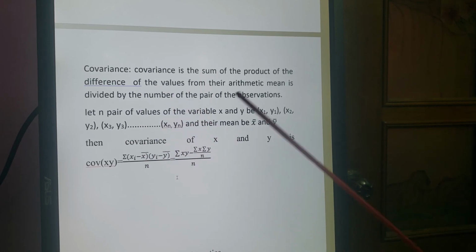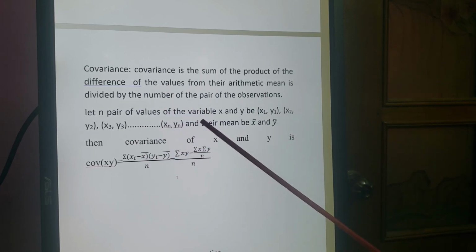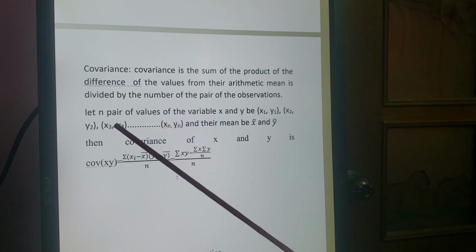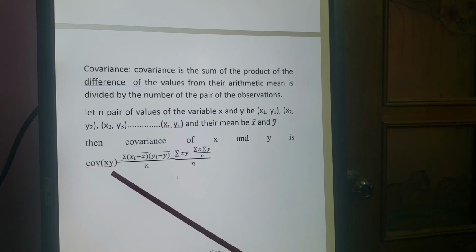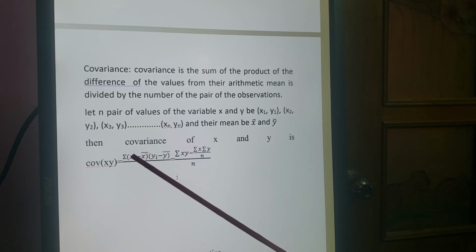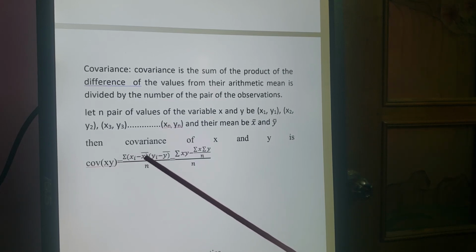Now how many pairs are there? n pairs. And the arithmetic mean of x be x bar and of y be y bar. Then covariance of xy is denoted by cov xy. Covariance of xy equal to summation of (xi minus x bar)(yi minus y bar) divided by n.